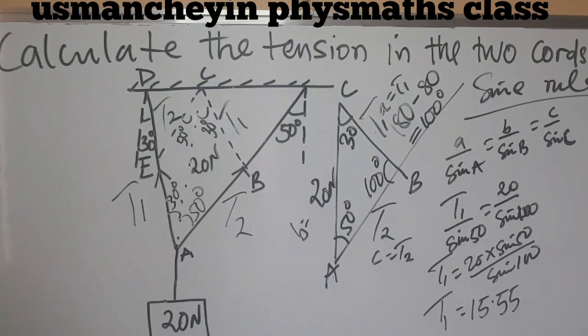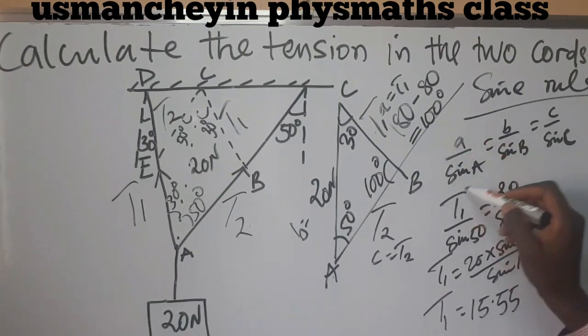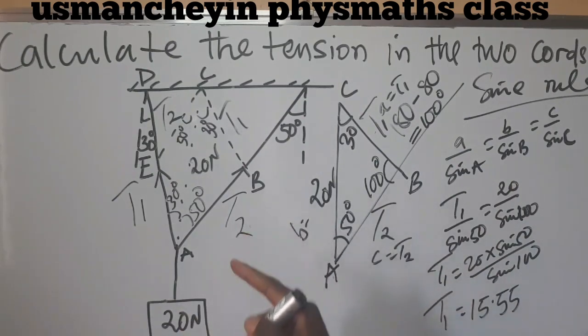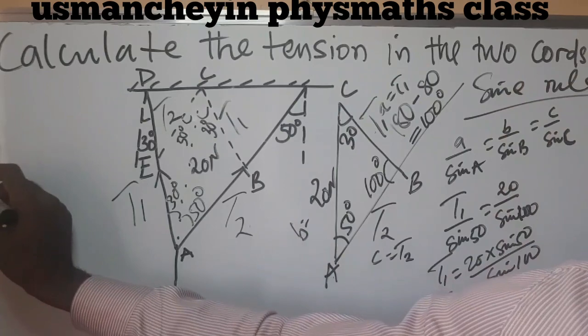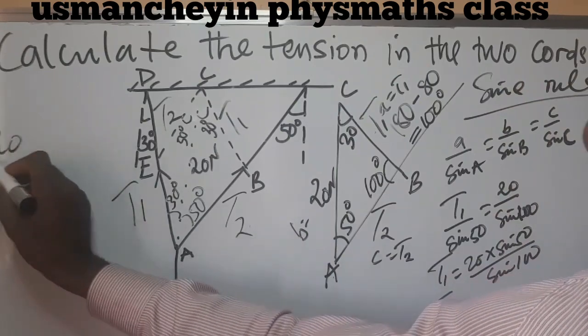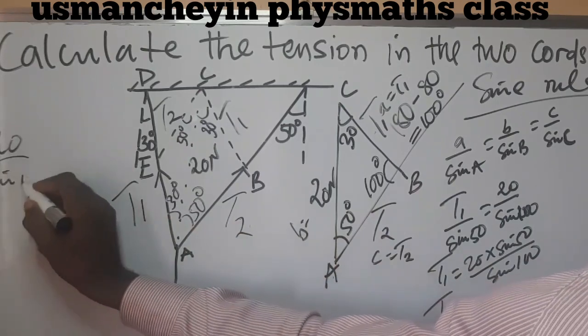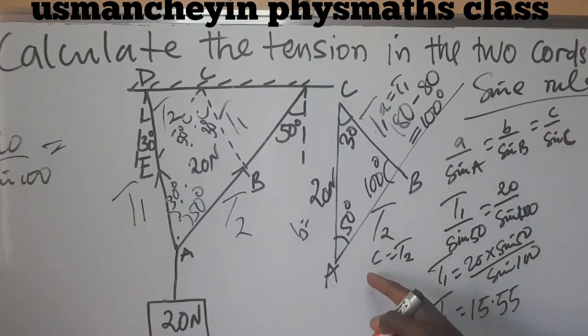All right, so if this is our T1, then we have to look for T2. T2 now, we relate this with this. Our B is 20, so we can say that 20 over sine 100 equals C, which is T2, over sine capital C, which is 30. So T2 will equal 20 sine 30 degrees all over sine 100.